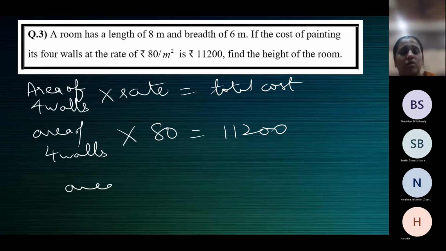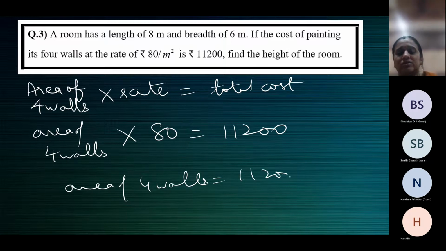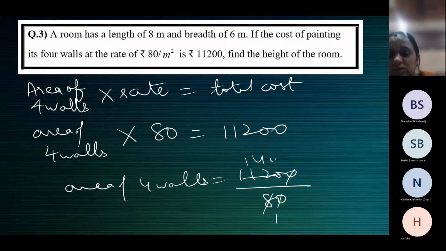So area of 4 walls is equal to 11,200 divided by 80, which is 140 meters square. So the 4 walls of your room have an area of 140 meters square.